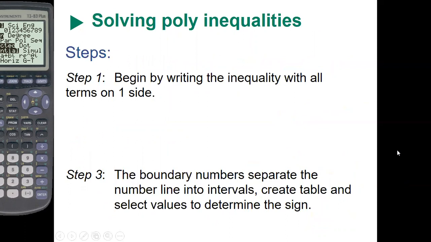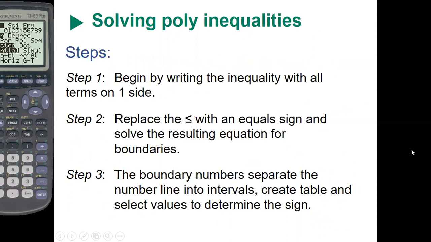Okay, so now we're talking about solving polynomial inequalities, not equations, inequalities. When you're solving polynomial inequalities, one, you want to begin by writing the inequality with all terms on one side. Okay, you want to replace the less than or equal to with an equal sign and find your boundaries for the equation. Then after that, the boundary numbers separate the number line into intervals.